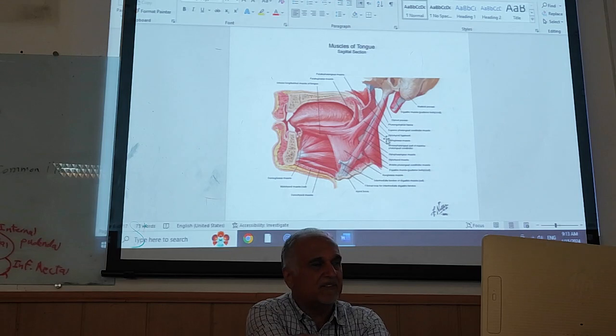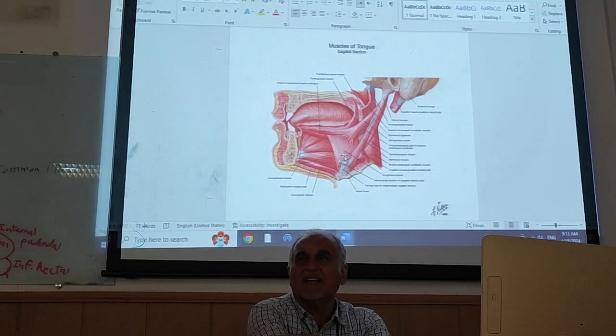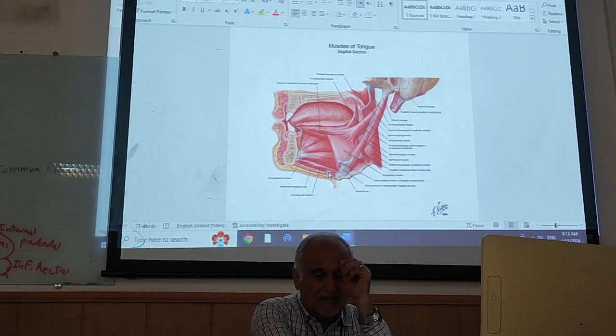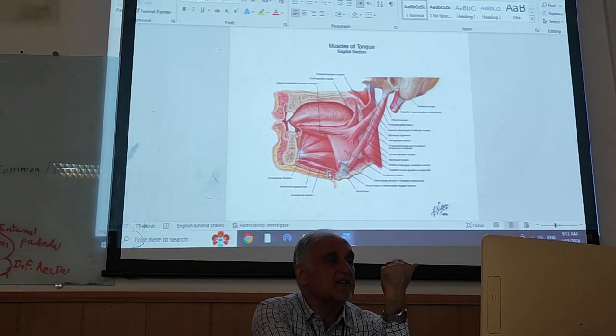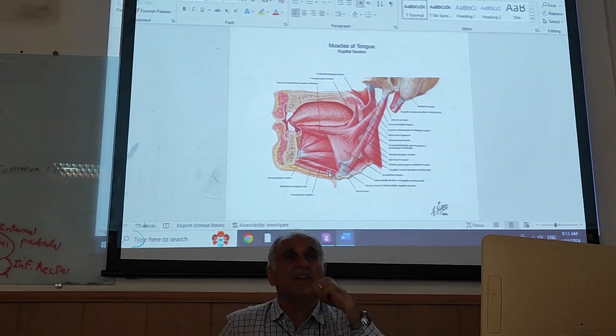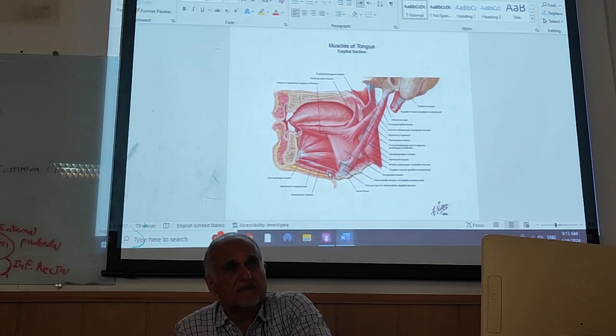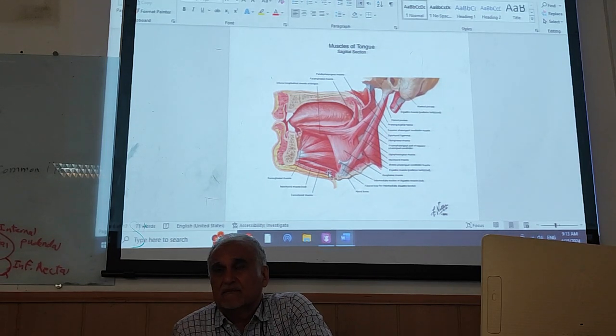So again, we review. This one is hyoglossus, genioglossus, styloglossus, and palatoglossus. Can you tell me about the genioglossus? With this picture, what will be the action of the genioglossus? Getting the tongue outside the mouth. What happens when it's contracted?